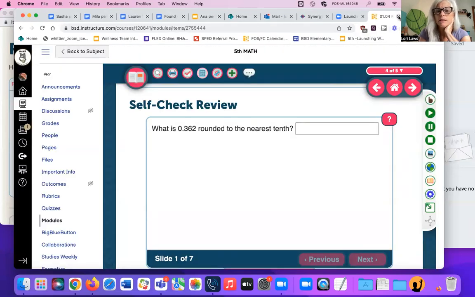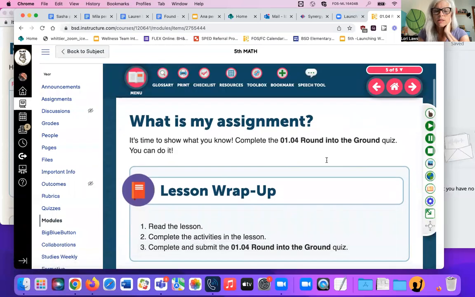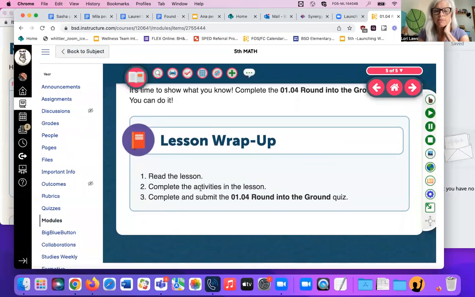Okay, that's good. So I know I'm rounding to this place. I'm going to underline it, look at the number next to it, and decide if it's going to be 0.3 or 0.4, right? And then I'm going to do 7 of those to make sure I've practiced before the quiz. And then what's my assignment? Read the lesson, complete the activities, and do the round into the ground quiz.